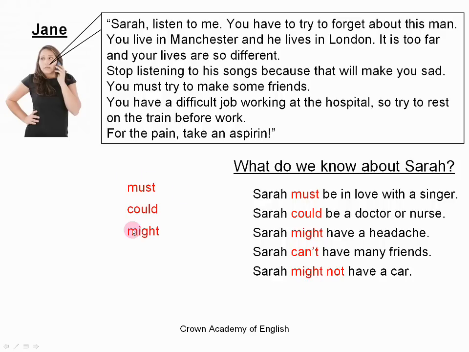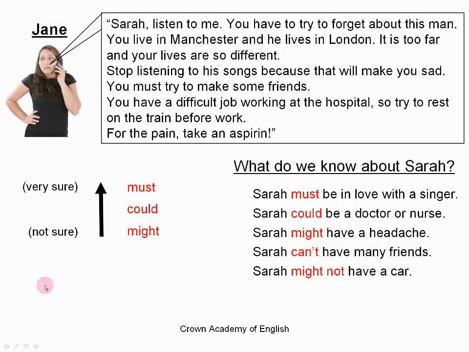These are the three modal verbs for probability in the affirmative. And must is when we are very sure. Could is when we are quite sure, but not very sure. And might is when we are not sure at all.